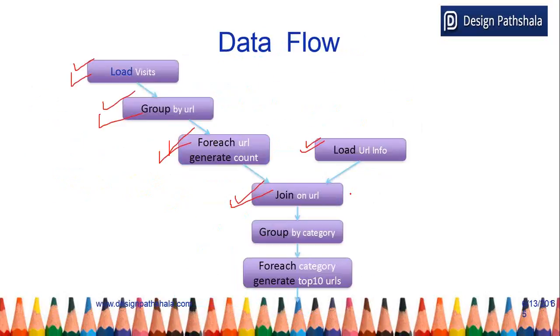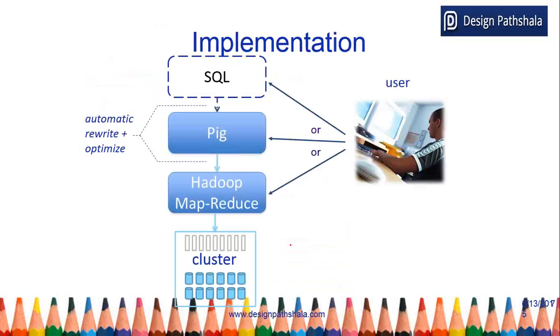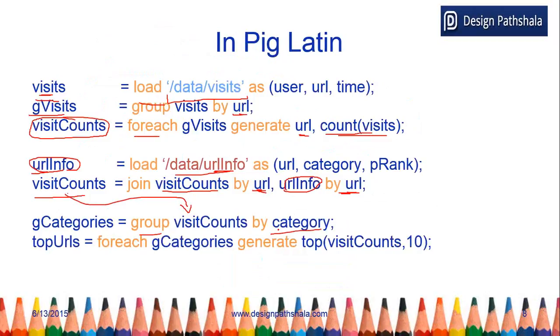This is what I was doing in the data flow diagram till here. After that, I just group this output by category and dump the top 10. So I grouped the visit counts by category and generated the top 10 counts and dumped them.